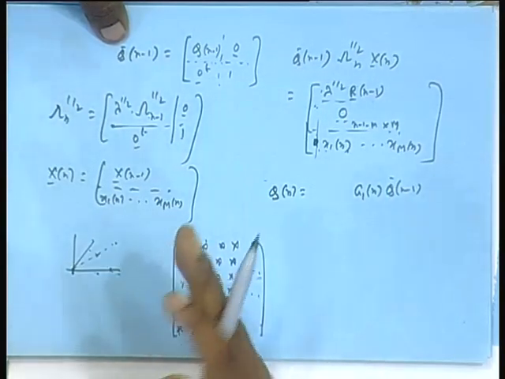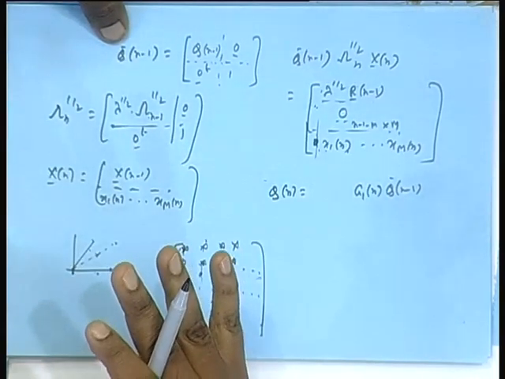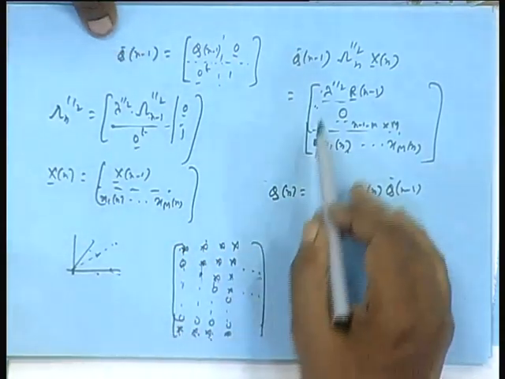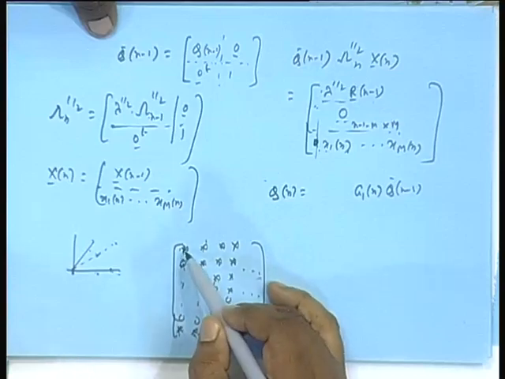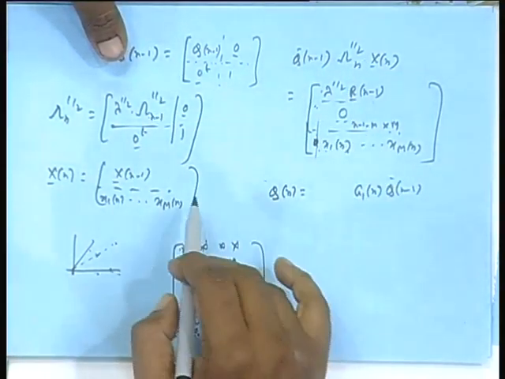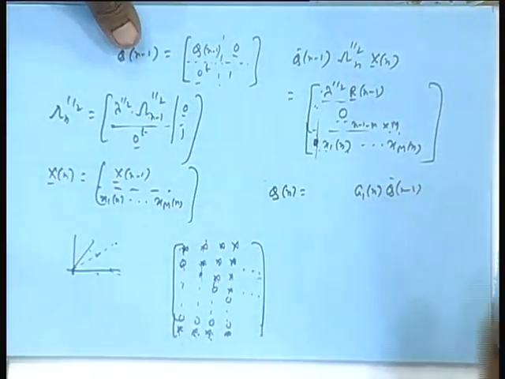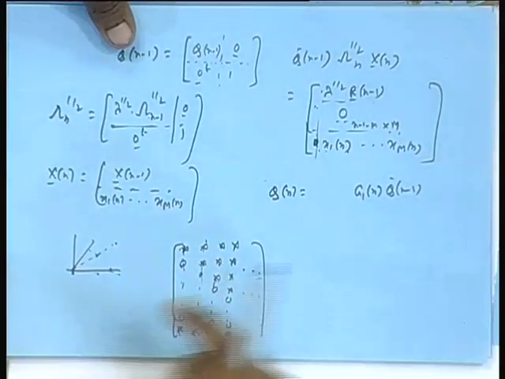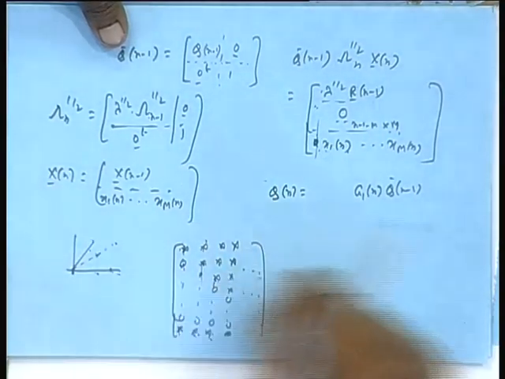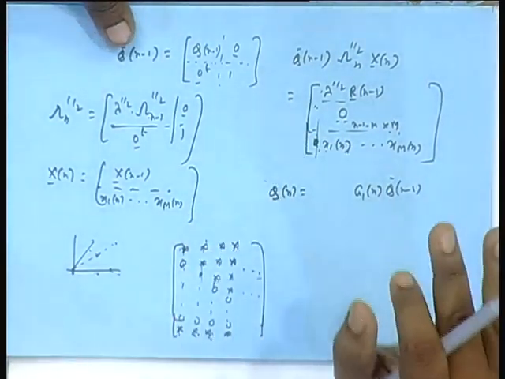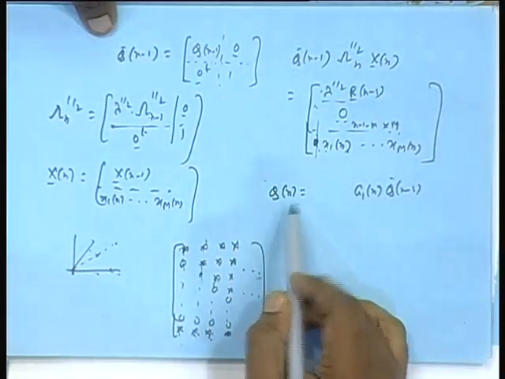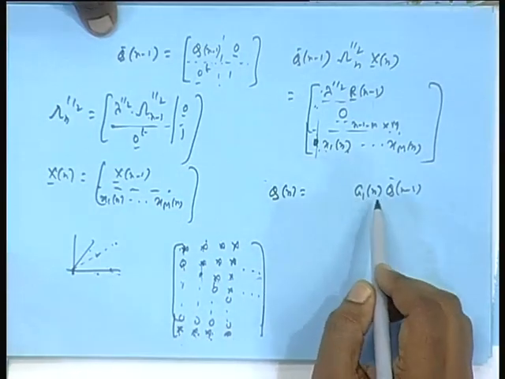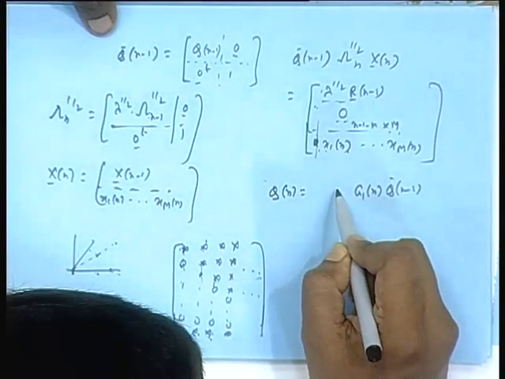A typical rotation matrix we discussed, and where C and S sit depends on which particular column you are on. In this case, there are 4 corners: C 0 0 0 S, and in the last column and row, minus S 0 0 0 C, otherwise it will be a diagonal matrix, and so on and so forth. So, that is G_1n, because I am making it dependent on n, my God.